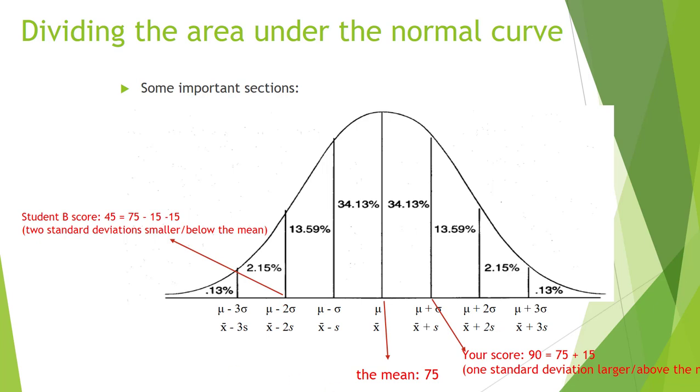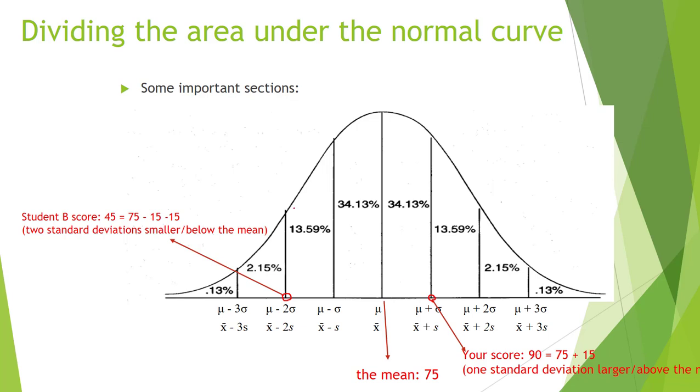Your score is here. What is the percentage of students who scored between 45 and 90? Scored lower than you but higher than student B.